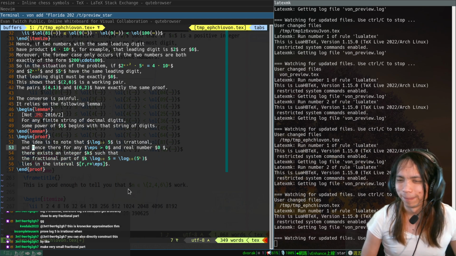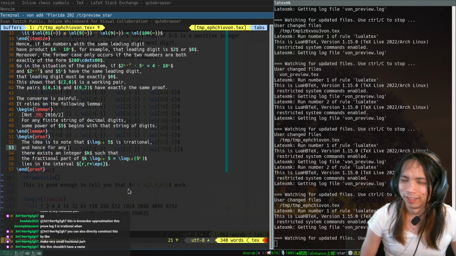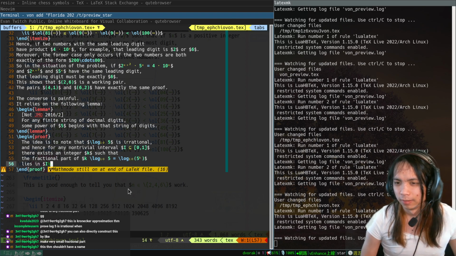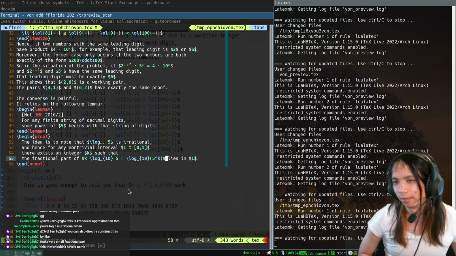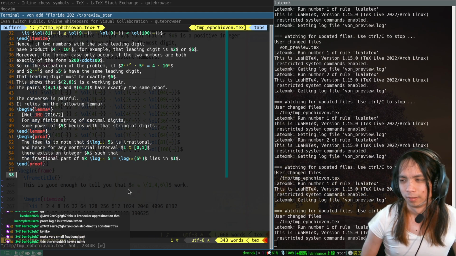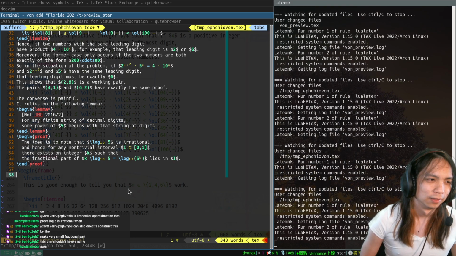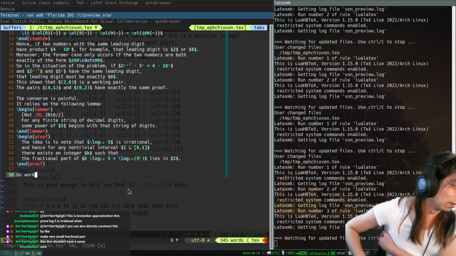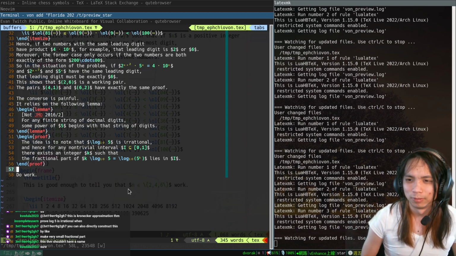Okay, hence, for any interval I which is contained in 0, 1, non-trivial lies in I. Okay, and then do work. Kronecker approximation.